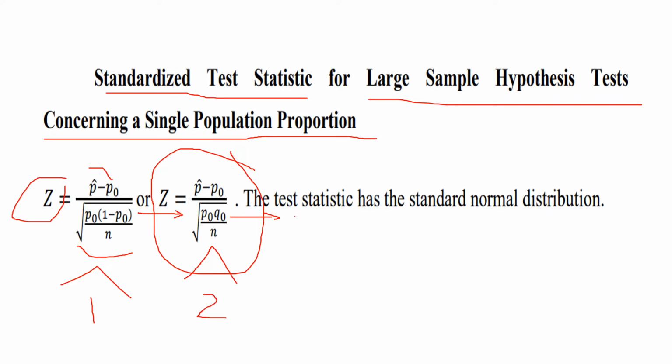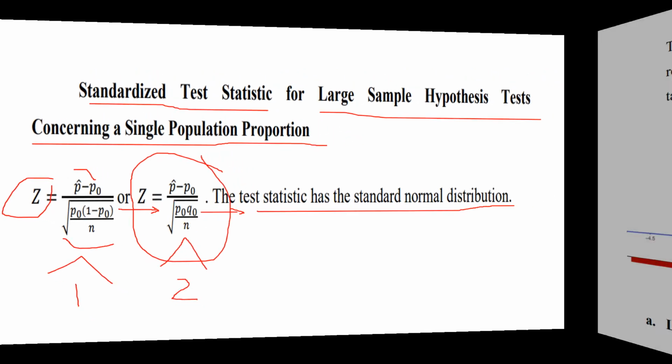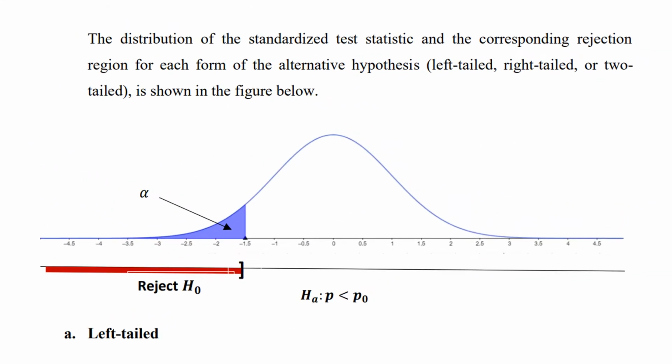So the test statistic has the standard normal distribution. Yes, because even if your sample is a large sample, your distribution still approaches the normal distribution. So the distribution of the standardized test statistic and the corresponding rejection region for each of the following alternative hypotheses.